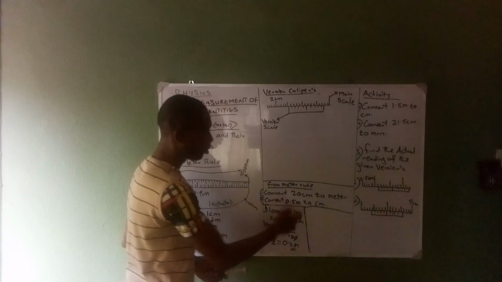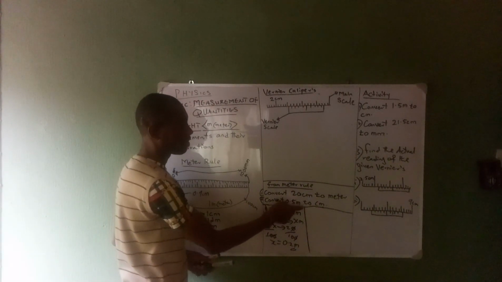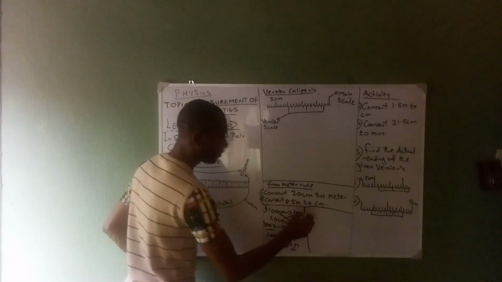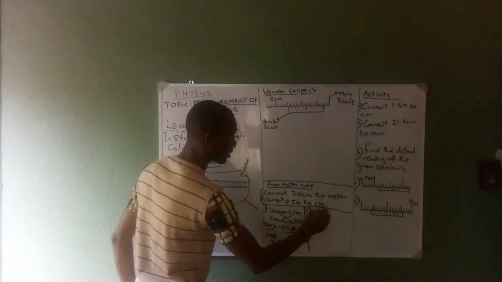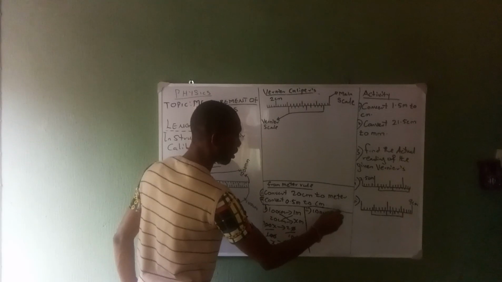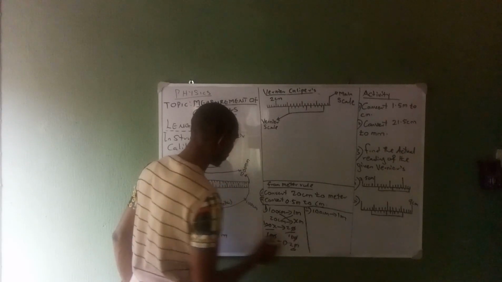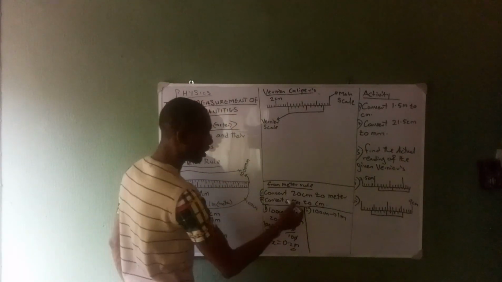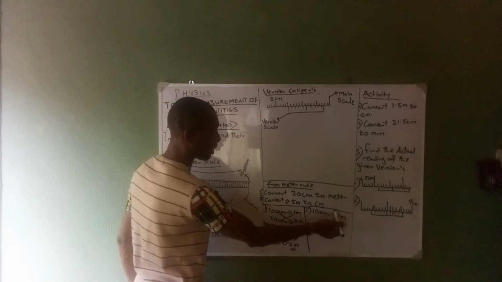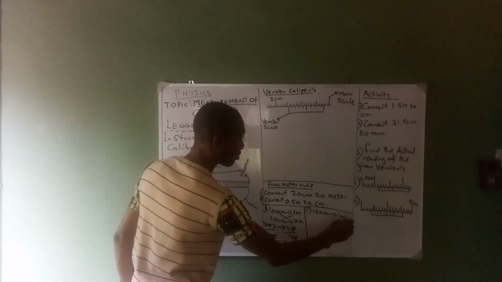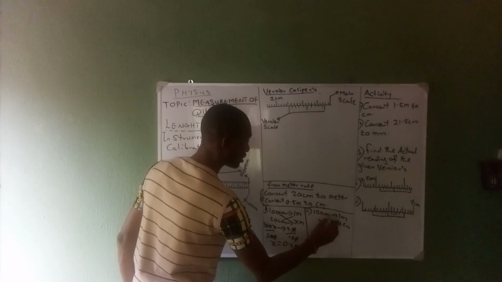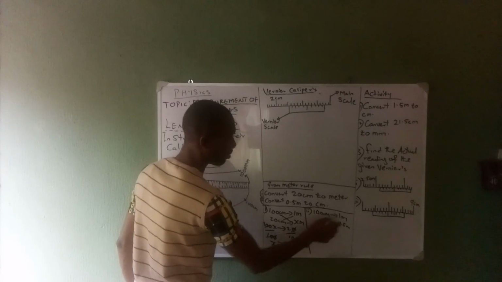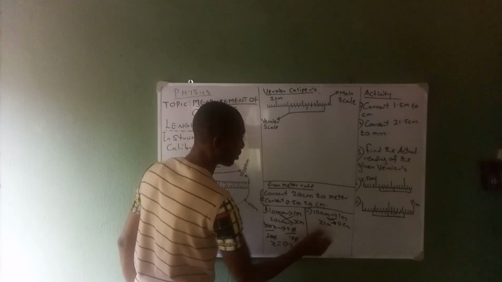Now let us proceed to the other one, where we have 0.5 meter to centimeter. Remember that in this case, 100 centimeter is equivalent to 1 meter according to the calibration of this meter rule. Then if 100 centimeter is equivalent to 1 meter, then 0.5 meter will be equivalent to x centimeter. So let us find x centimeter. We cross and multiply.